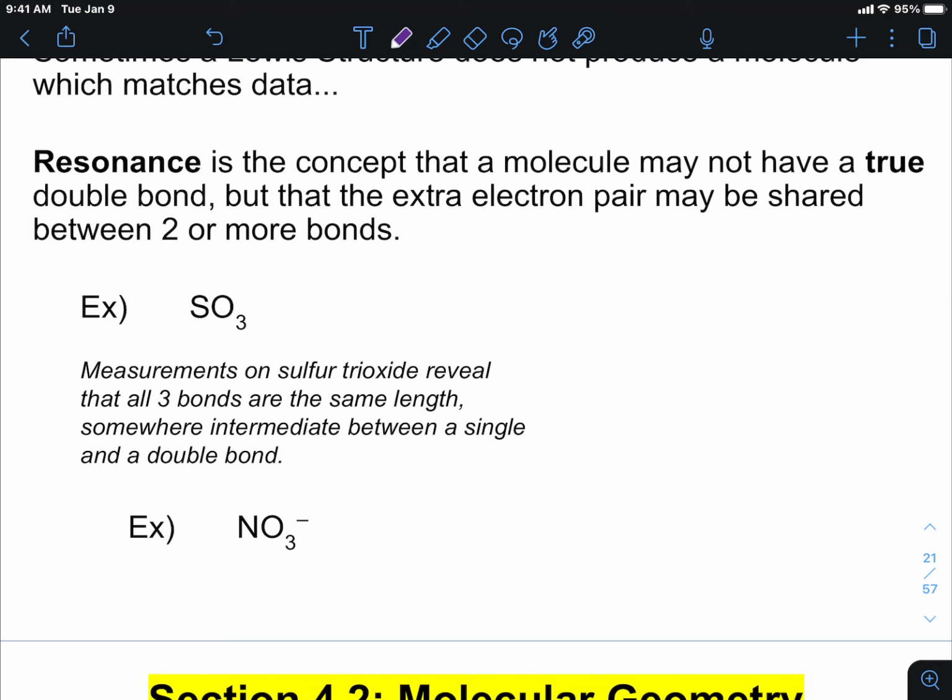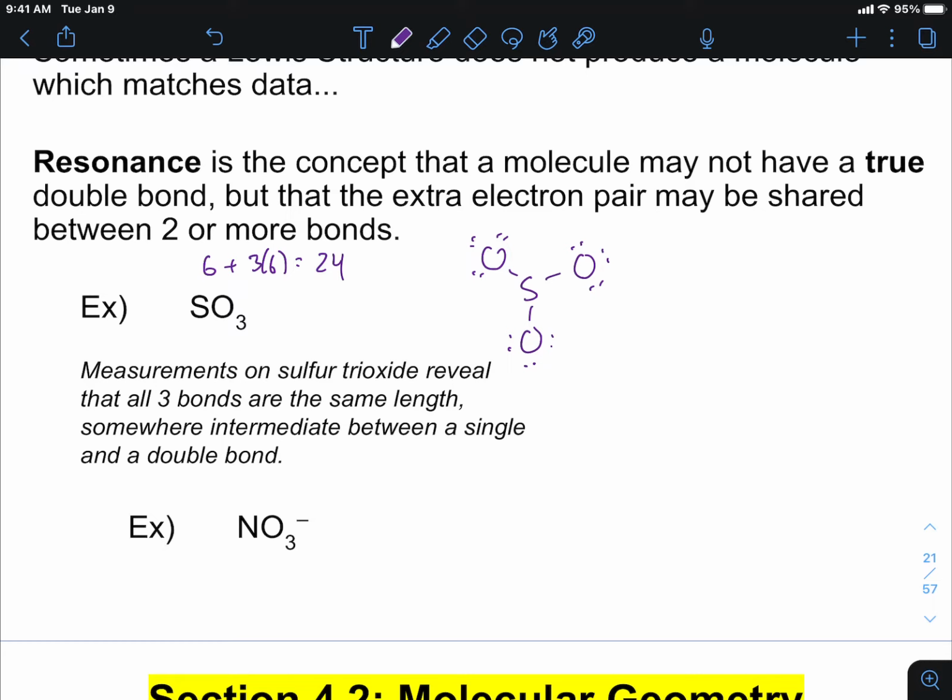If I were to draw SO3, this would give me 24 electrons. There's only three oxygens, so I'm just going to place them around like that. And once I get my electrons placed, I realize, okay, I've used 24 electrons right now, 3 groups of 8, but my sulfur does not have an octet. So that means this is wrong.